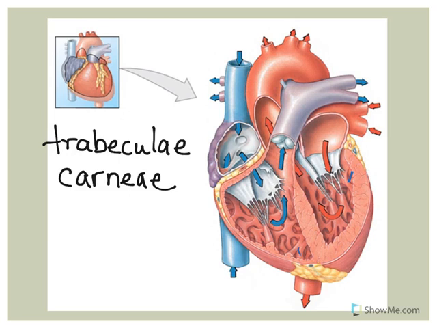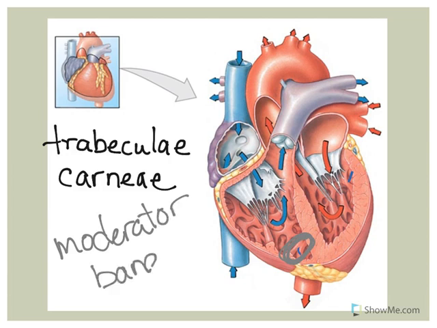I believe on this it's supposed to be right here, but don't quote me. The structure I want to talk about is called the moderator band. Now, this structure, the moderator band, is only located in the right ventricle.